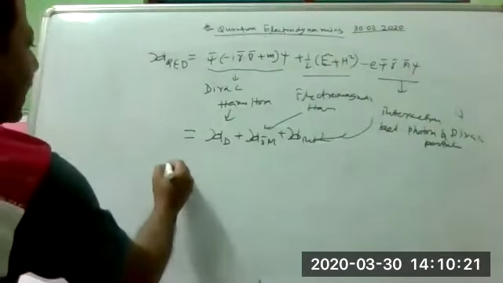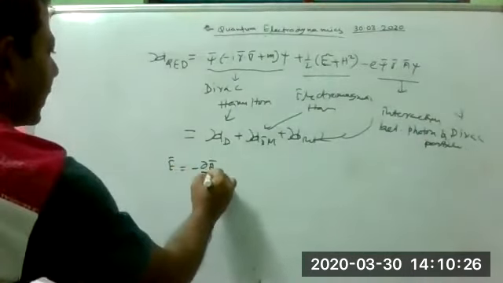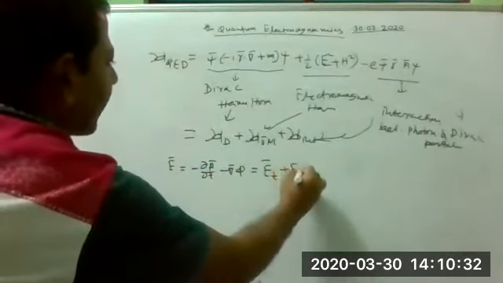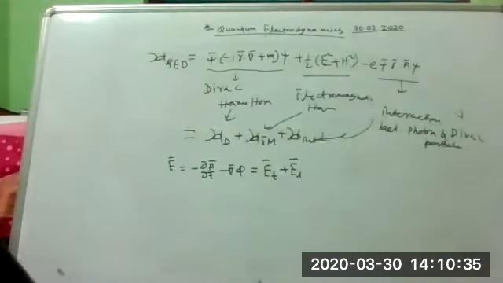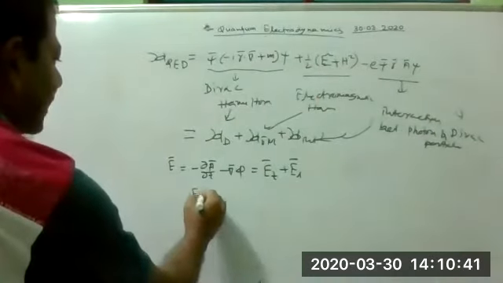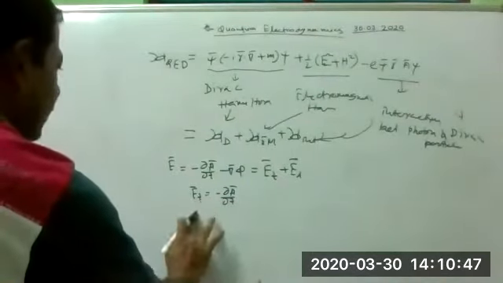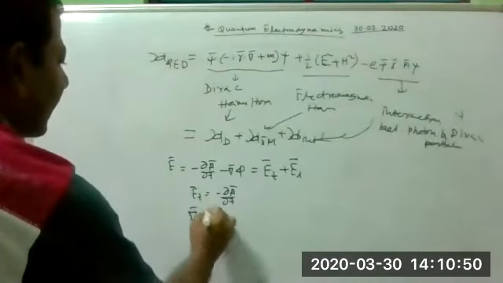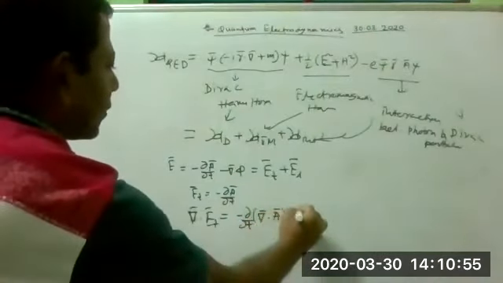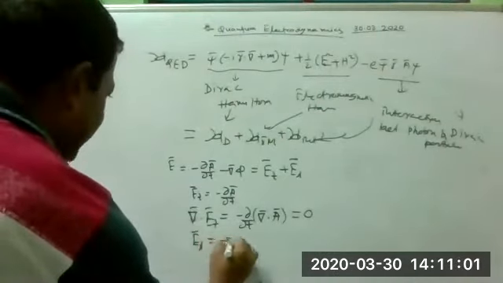So first we check. Now we have E equal to minus ∂A/∂t minus grad phi, which can be written as Et plus El, where Et is the tangential electric field and El is the longitudinal electric field, and where Et can be written as minus ∂A/∂t. Therefore the divergence of Et equals minus ∂/∂t of the divergence of A, which is 0 from the Coulomb gauge, and El equals minus grad phi.